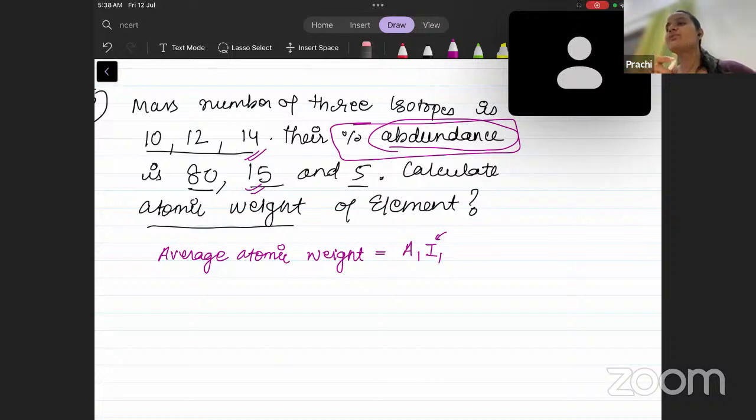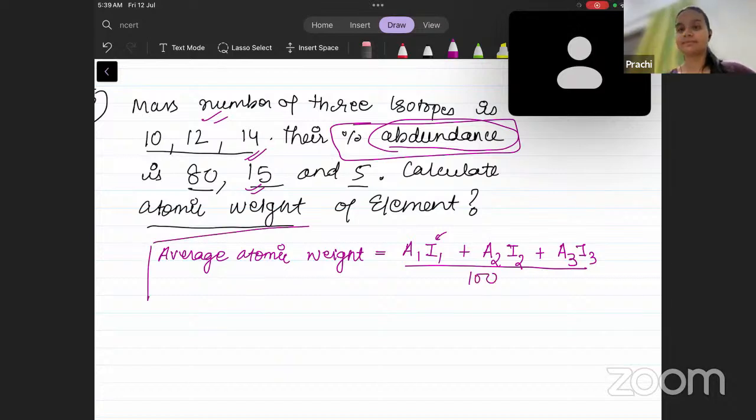So what we have to do is multiply the natural abundance with the mass number, plus the natural abundance of the other one into its mass number, plus the natural abundance of the third one into its mass number, divided by 100. That's how you will get your average atomic mass.